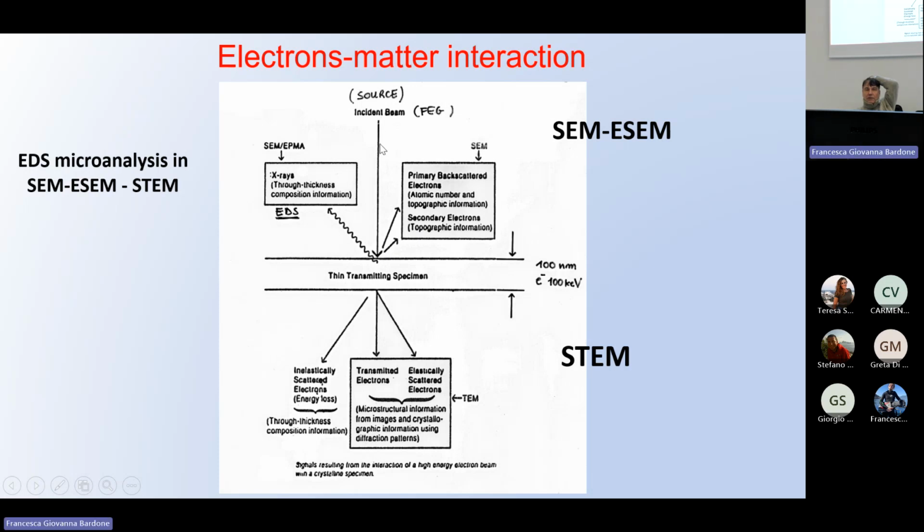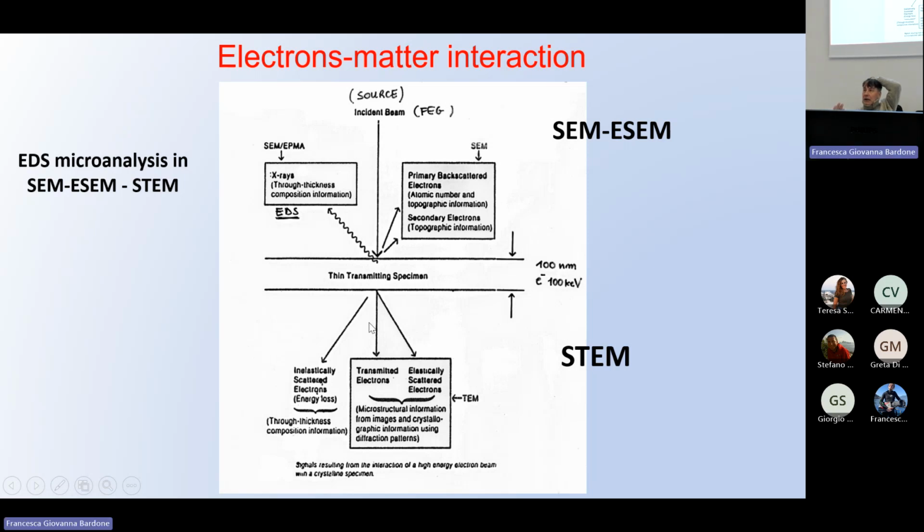But if your specimen were thin enough, what could happen to the electrons you are using to create all these signals? Or putting the question another way, if your specimen were very, very thin, what would happen to your electrons? You always have this information, but in addition, some electrons can pass through.